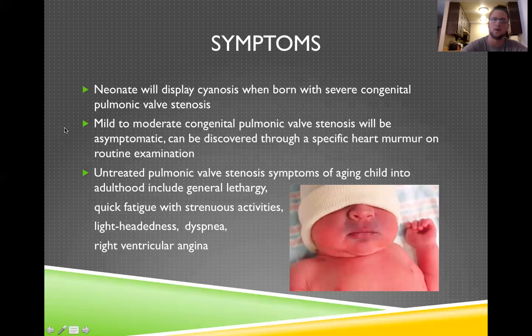Now, let's say you were born with a mild pulmonary stenotic valve, and you age, and it becomes worse based on lifestyle, or the stenosis just increases, so the aperture in the valve becomes smaller, and the heart starts having to work harder on the right ventricle. You'll notice symptoms in teens to even older adults, where you're going to have a lack of energy. Anytime you push yourself, you're going to quickly fatigue.